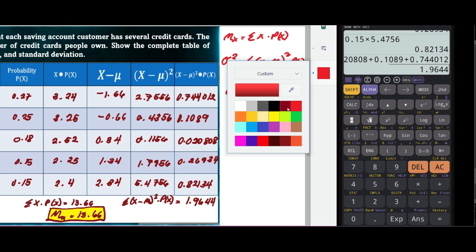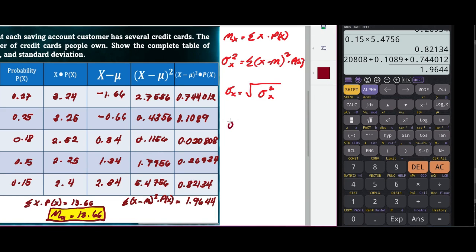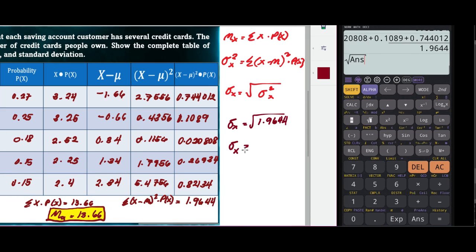Okay, so ito yung ating standard deviation. Square root lang po natin yung 1.9644. So, makukuha na natin ang ating square root natin siya. Yan.